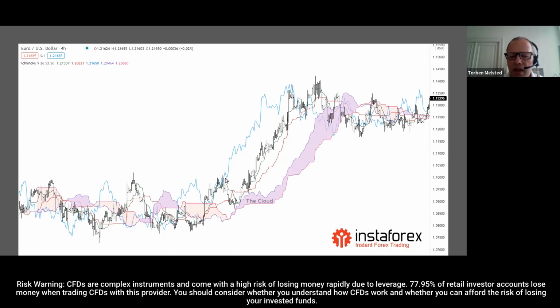So the price would be either above or below this one, and of course, if it's a sideways market, it's just going to zigzag through this. But if we take the next one.